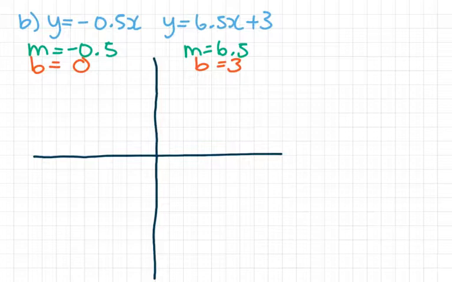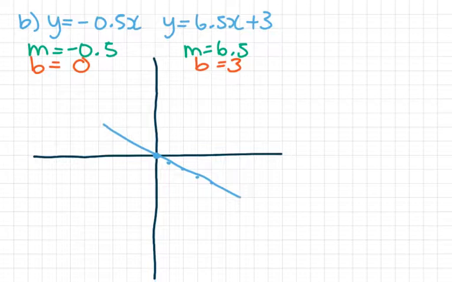So for my first one, my y-intercept is 0, start at the origin, go down a half over 1, down a half over 1, and so on. Draw a line through those points. And then my next one, my y-intercept is 3, 1, 2, 3.